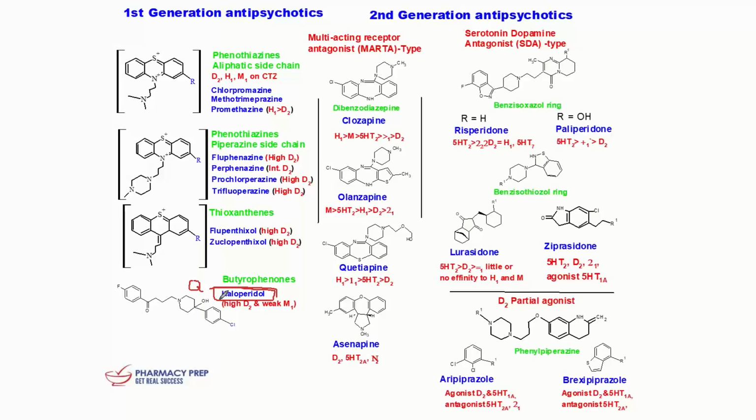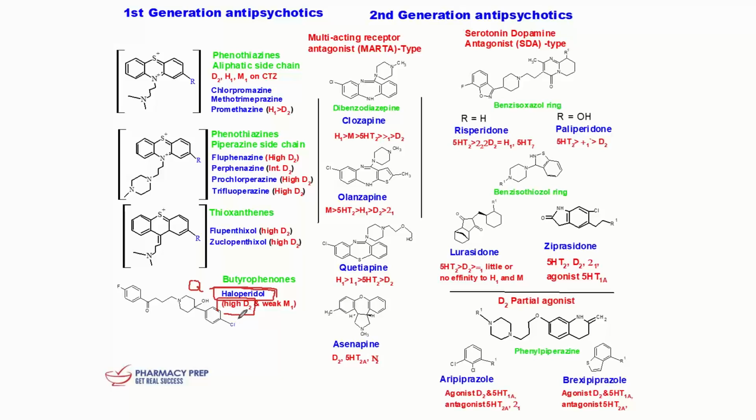Haloperidol has a very high activity on D2 receptors, and is considered a high-potency D2 antagonist. It does not belong to the phenothiazines. These are chemically called butyrophenones. Therefore, some of the side effects or non-selectivity that happen with the phenothiazines don't exist with this one.